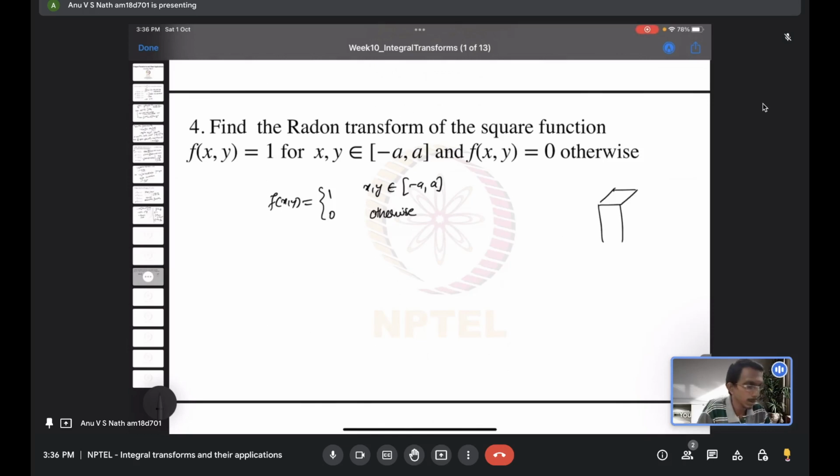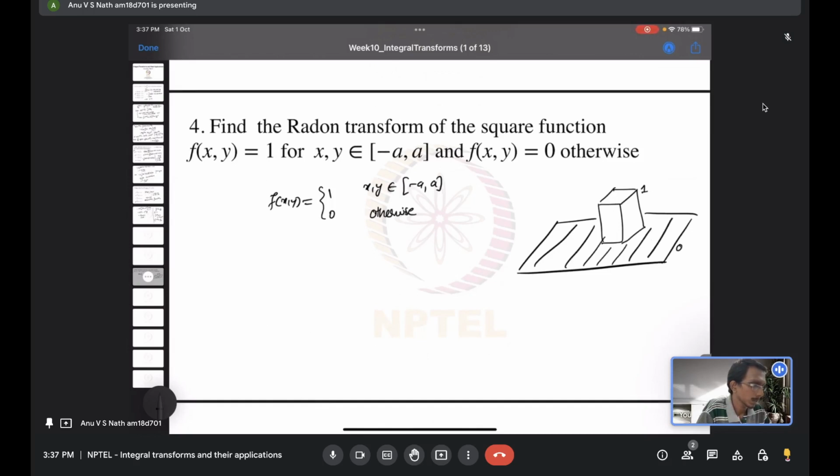It's a rectangular box. So you see these values are 1, and outside the surface is 0. So this is basically the function.